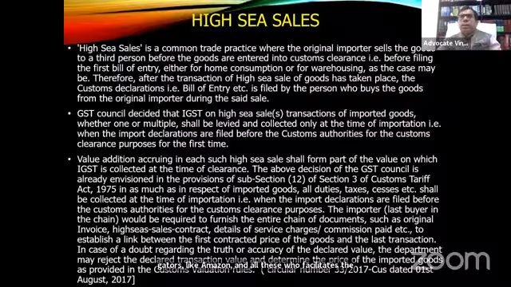In that case, many times they don't maintain the proper documentation through which they can establish that the export of goods has taken place. But I recommend one should have proper documentation to establish that the export transaction has taken place.